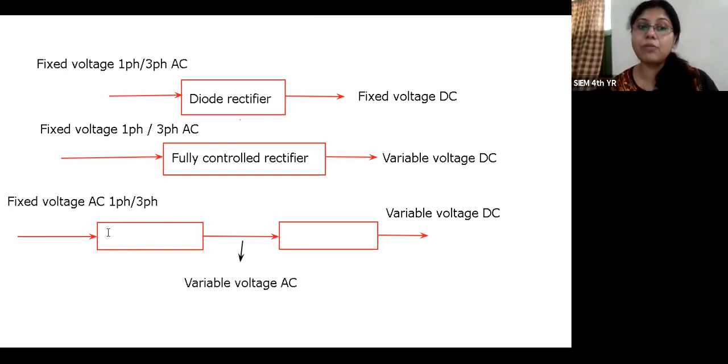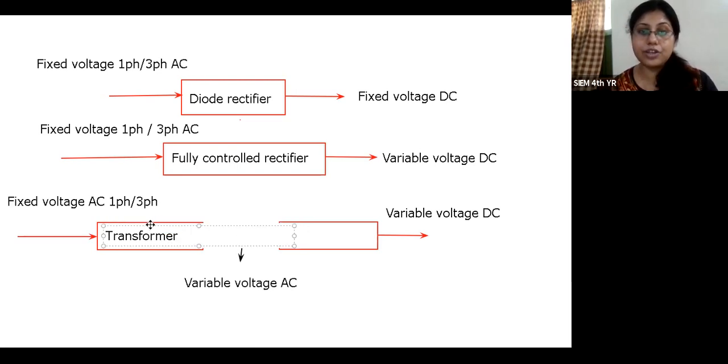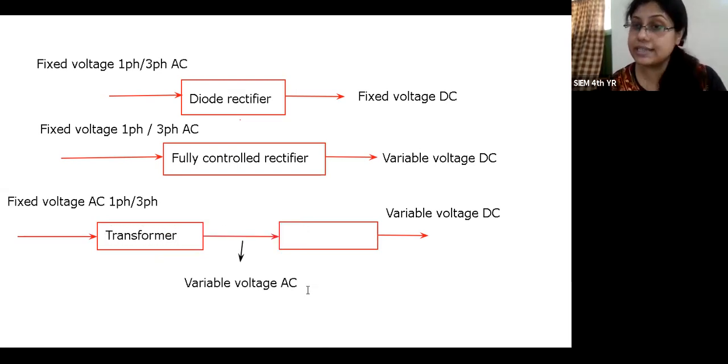The first power modulator we can use is a single or three-phase transformer. We can easily use this transformer to change fixed voltage AC to variable voltage AC. Now this variable voltage AC is again changed to variable voltage DC.